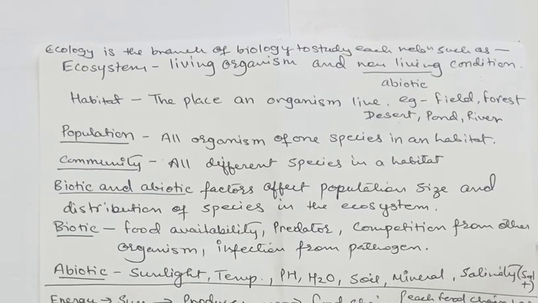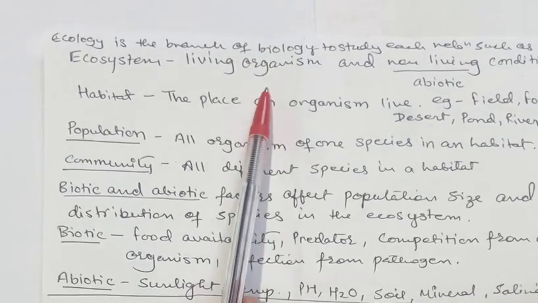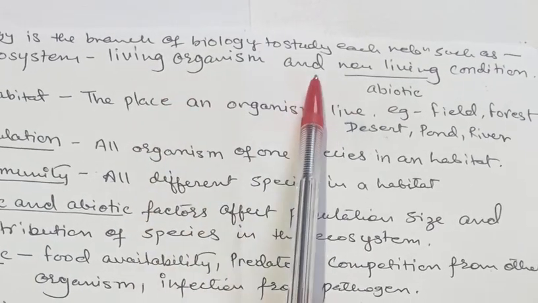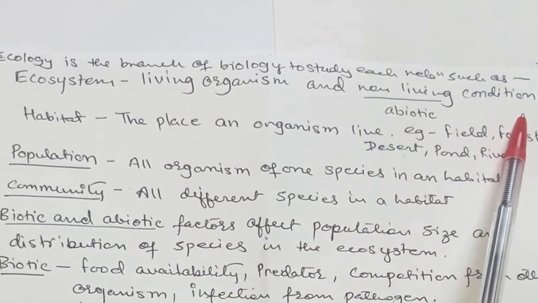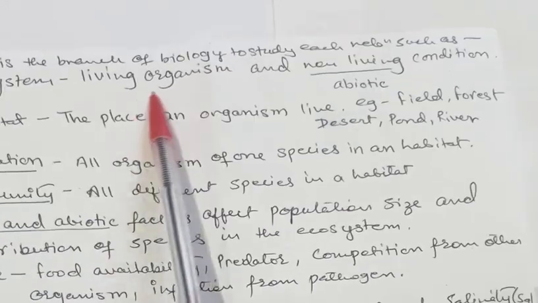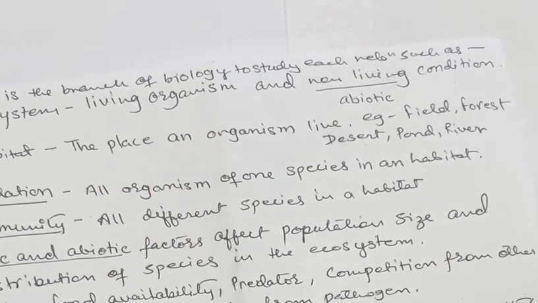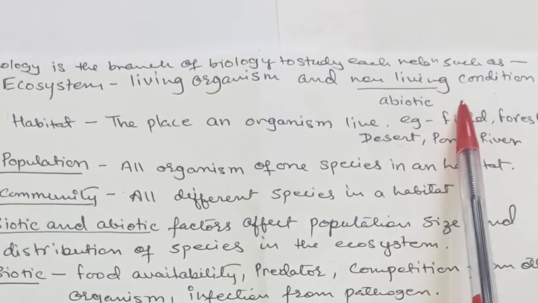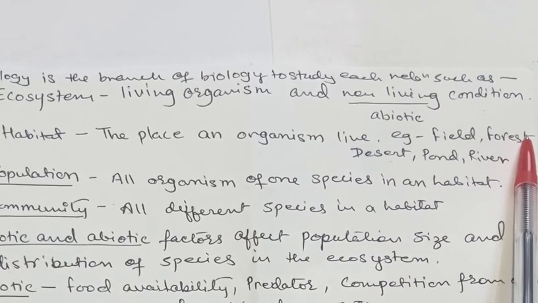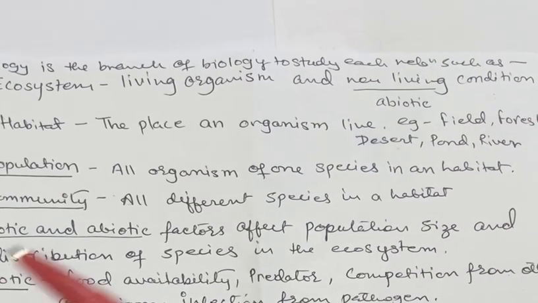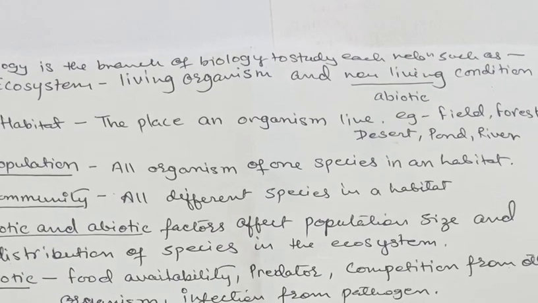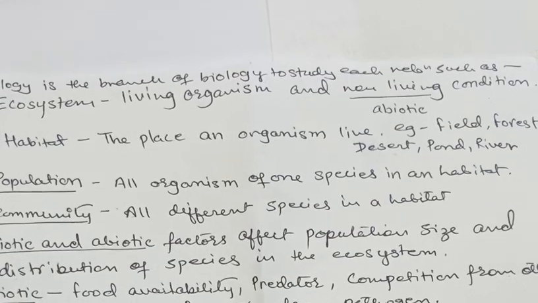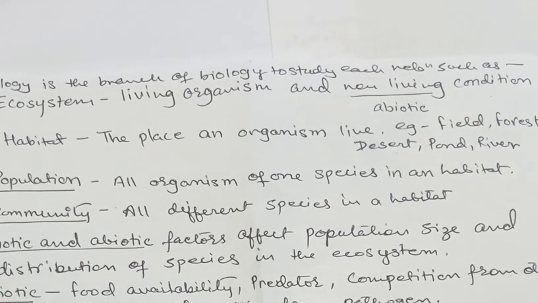Next, ecosystem. What is this ecosystem? Pay attention here, please. Ecosystem is where the living organisms and non-living conditions are. If we talk about the whole ecosystem, all the living organisms will be there as well as their non-living conditions. It can be any place where a pond is there, a mountain is there, rainfall is there, wind is there.